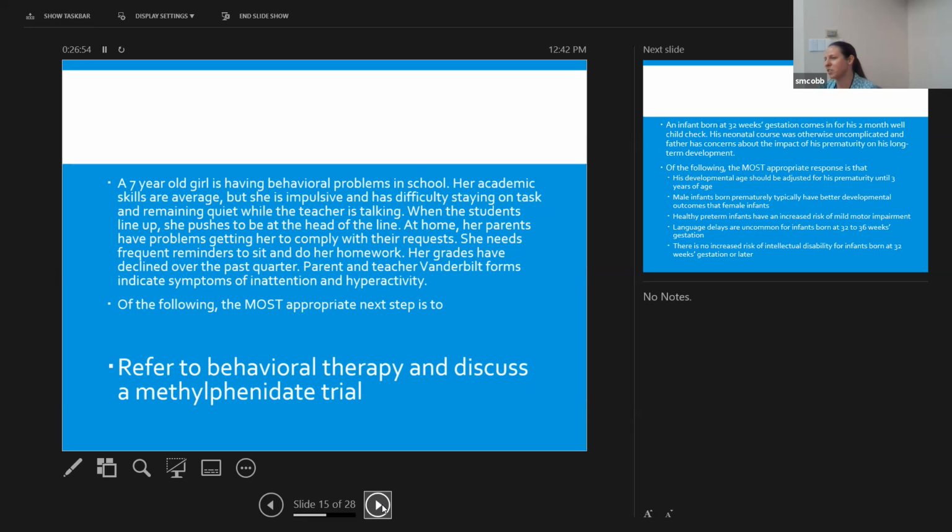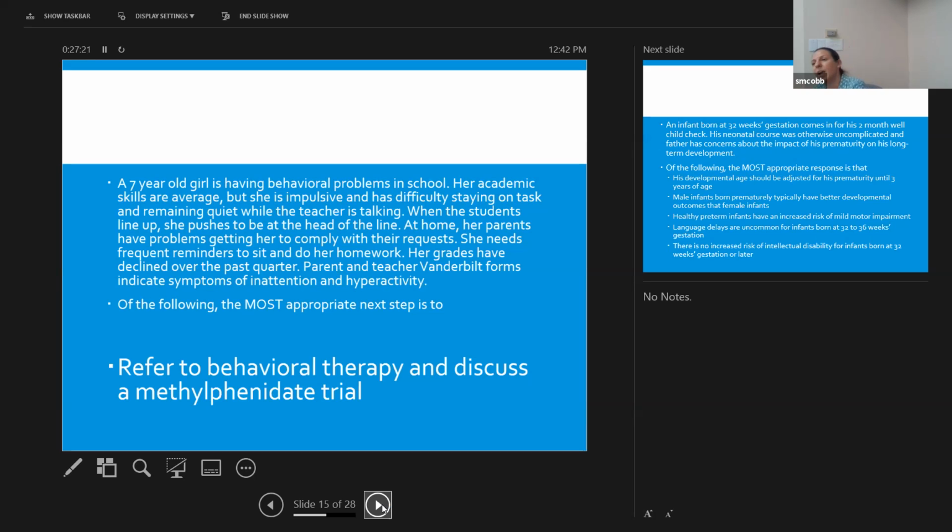Unfortunately, the test kept propagating this idea that behavioral therapy didn't have much effect, you should just do methylphenidate. Now that group has really argued, no, you really should do both. So what it looks like they're probably going to push is that you need to do both, or they're not going to put therapy in there at all, and they're just going to give you a bunch of medications.